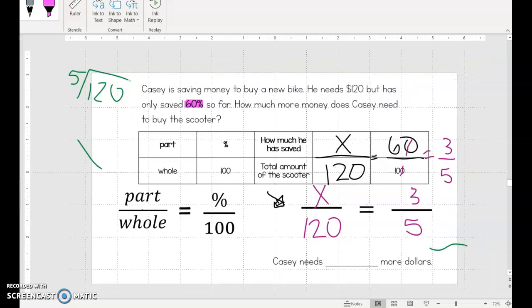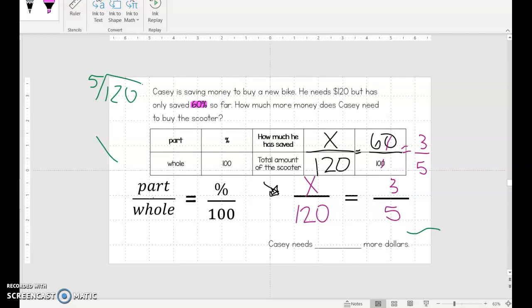I'm going to zoom it back in, but 5 times 2 we said is 10. Bring down my 0. 5 times 4 is 20. So that tells me right there that 5 times 24 gets me to 120.